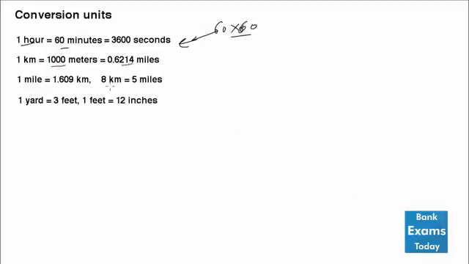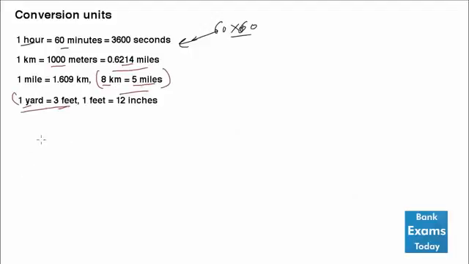So simply, 8 kilometers is equal to 5 miles. You should remember this. 8 kilometers is equal to 5 miles and 1 yard is equal to 3 feet. These are the most important conversion units that you should know.